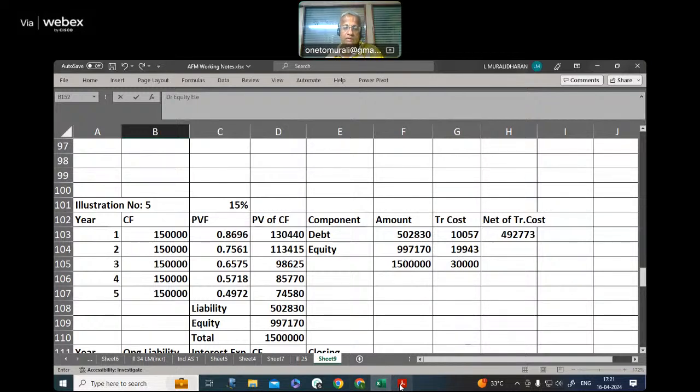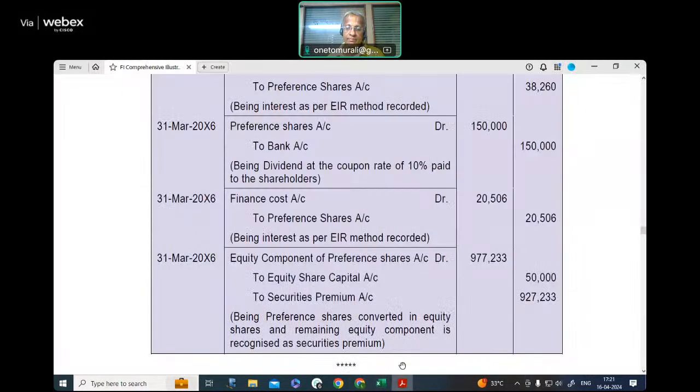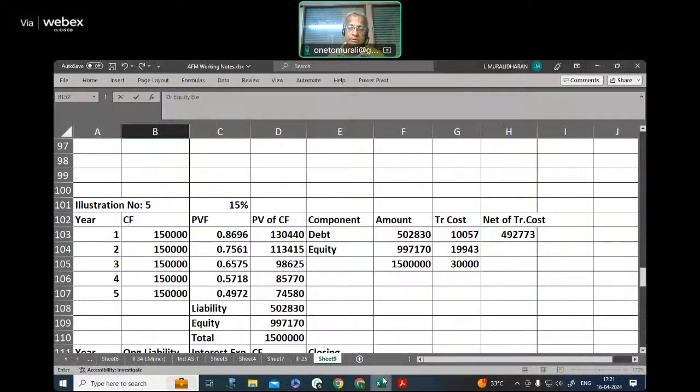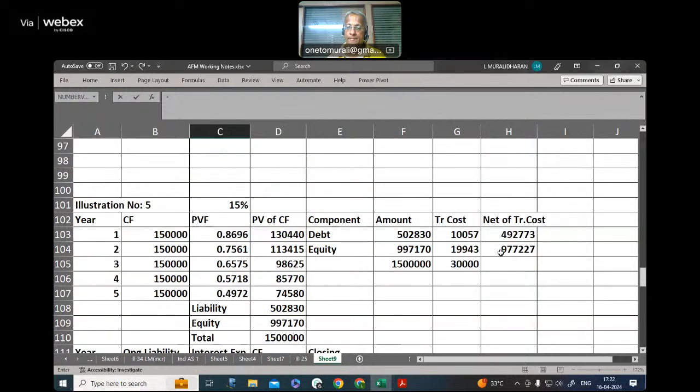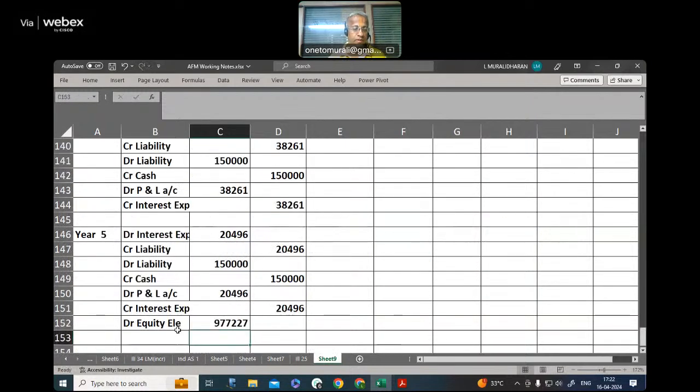So remember that this is the equity component that we have taken up, net of that being 977,277. Credit equity share capital.